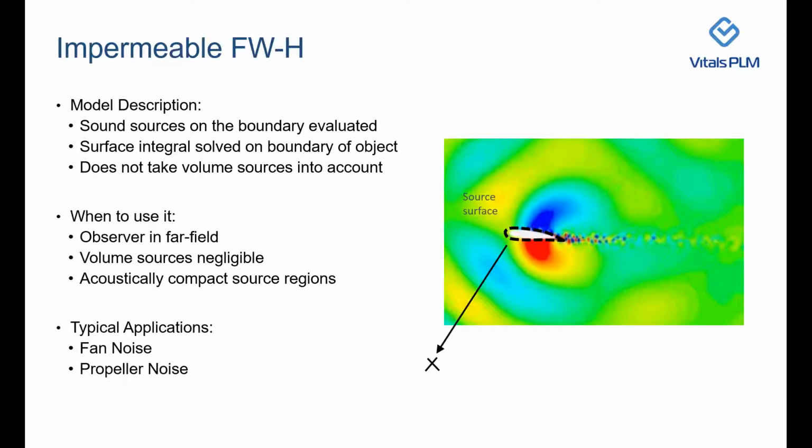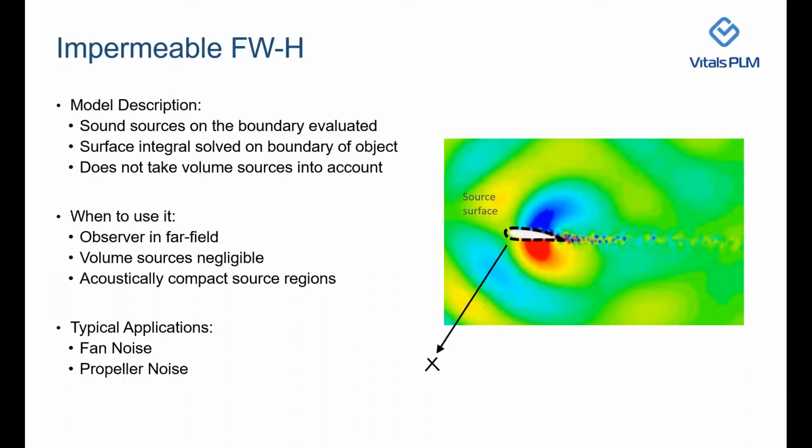Here, the observer in this case of NACA 0018 is outside of the computational domain, meaning that if we use this model, we don't need to include the observer in the computational domain. We can have a small domain to calculate the sound sources, and the observer can be outside of the computational domain. So that's the advantage of the integral methods compared to the direct noise calculation approach.